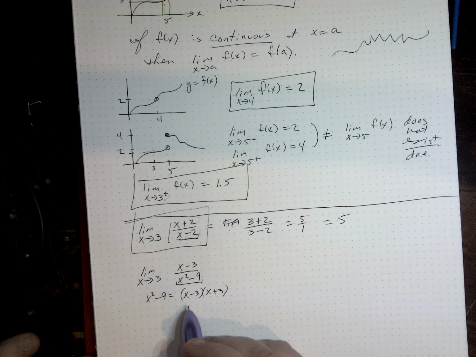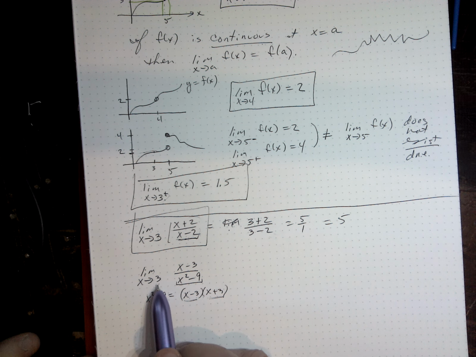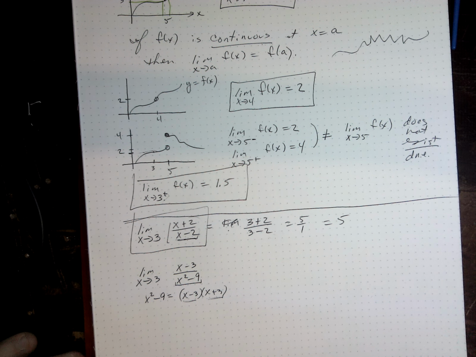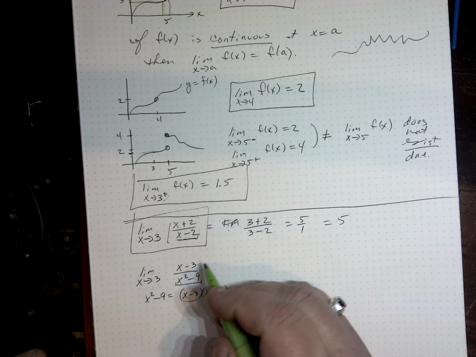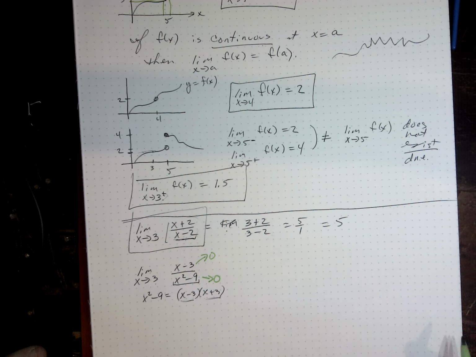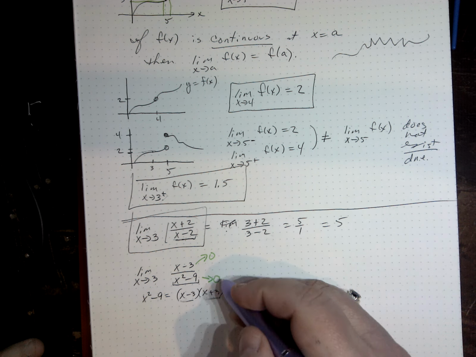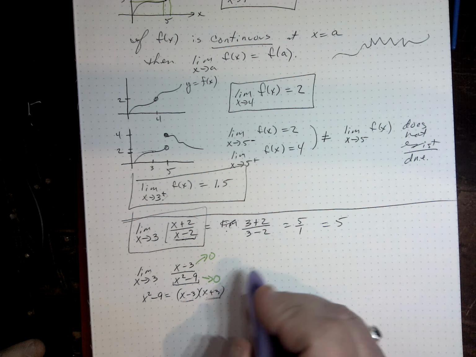So this function is going to be screwy at 3 and negative 3. And 3 is the spot I'm looking at. If I try to just straight plug in, I will get a 0 on top and a 0 on bottom. Now if I have a 0 on top and a 0 on bottom, that means I should be able to cancel something, because 0 means you've got a factor in there that's giving you the 0.